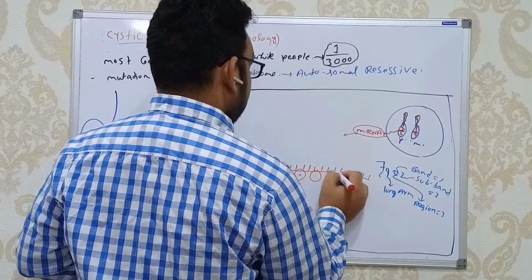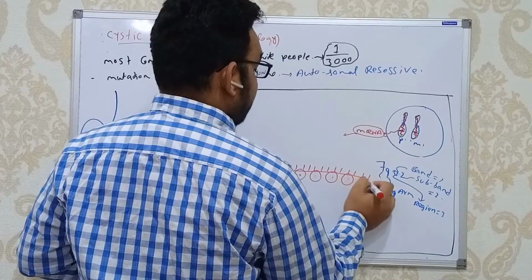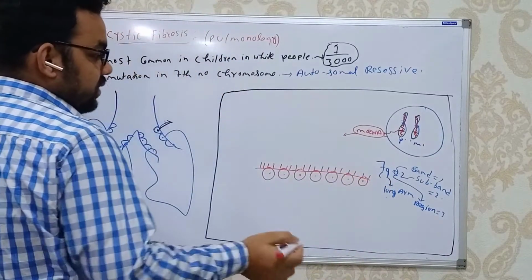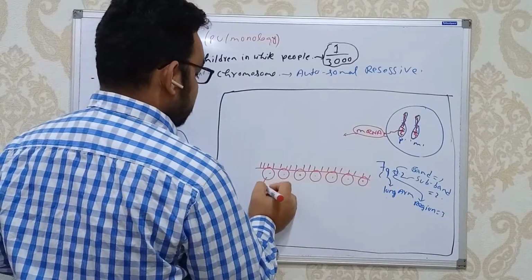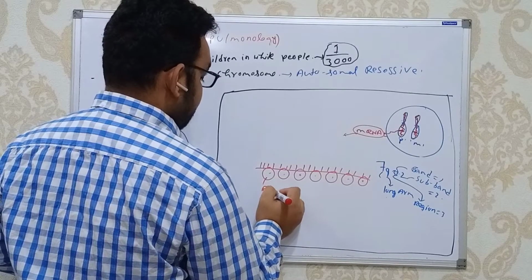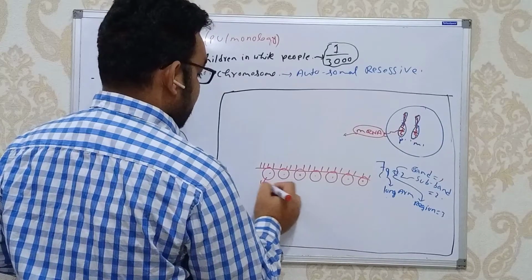At first I will talk about the physiological conditions, what happens under normal circumstances, then I'll talk about the pathologies. So these are the ribosomes, and this is the mRNA.